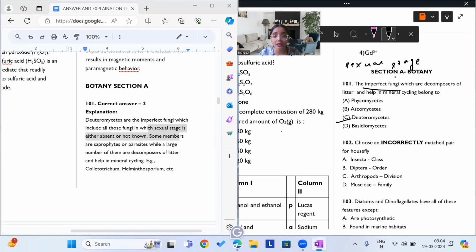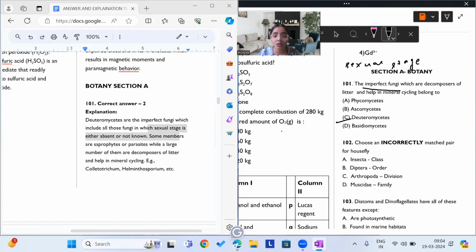And some members are saprophytes, that is they feed on dead and decaying material, and some are parasites. Okay, and a large number of members of the Deuteromycetes are decomposers which decompose the litter.